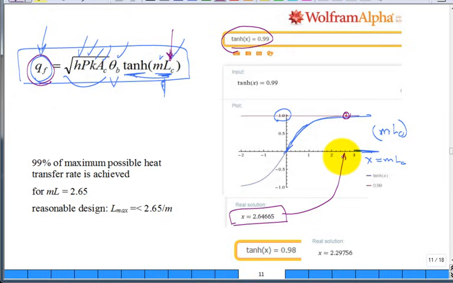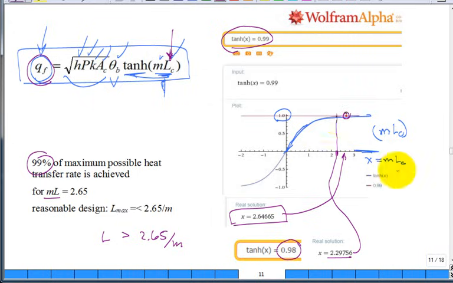Which means 99% of the maximum possible heat transfer rate is achieved for mL equal to 2.65. There's no reason to make L greater than 2.65 divided by m. That's actually pretty ridiculous to get that long anyway. Can you see that? Somebody says, well, that's 99%. How about if we just push off 98%? Well, then 98% comes in at 2.3. So it would be around right there, 2.3.